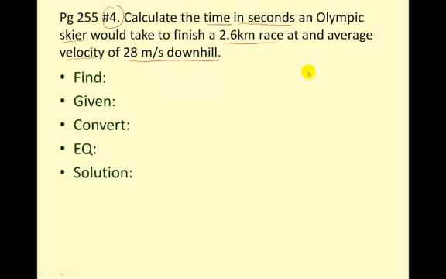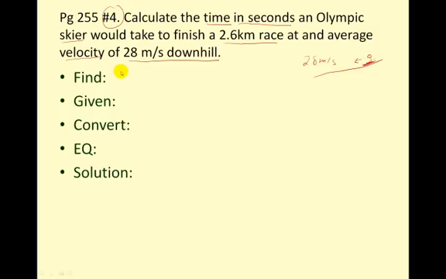Notice this does have a direction. So we have a diagram up here, and here's a person coming along on a couple of skis, coming downhill at 28 meters per second. And notice it is downhill, with a direction, which gives it a velocity rather than a speed.